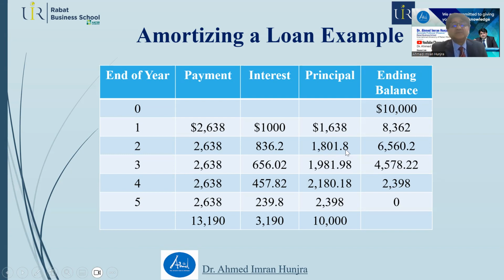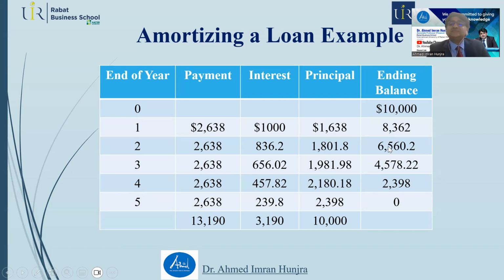And what is the fourth step? The fourth step is finding the ending balance. We can find it as the last time period balance, 8,362, minus the principal amount of the current time period, 1,801.8. So we are left with 6,560.2.